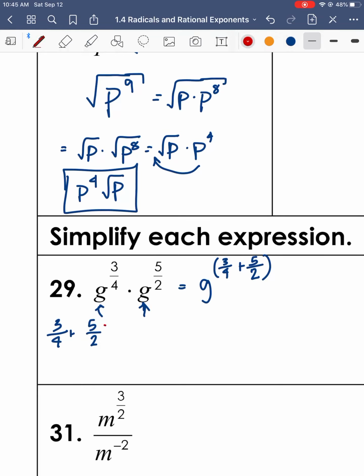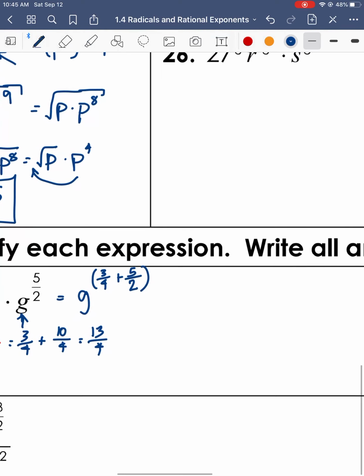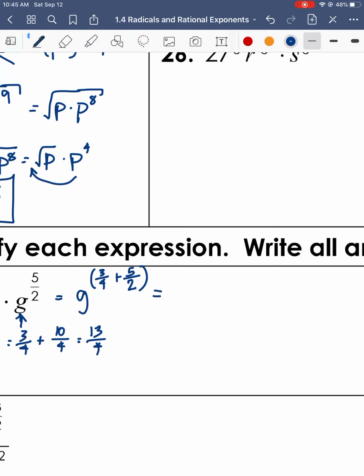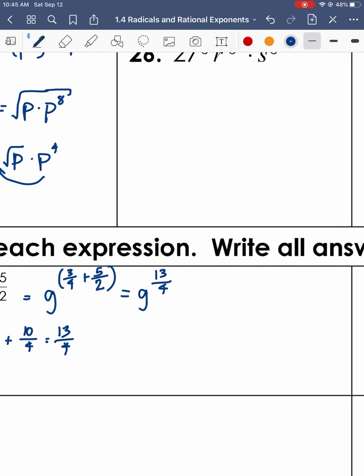We're going to have to multiply by 2 over 2, and that will give us 3 over 4 plus 10 over 4, which is 13 over 4. So multiplying these together first, we're going to get g to the 13 over 4. There we go. That's what I had in my notes and I couldn't read it.